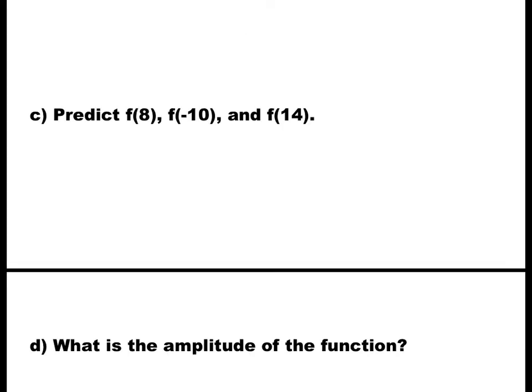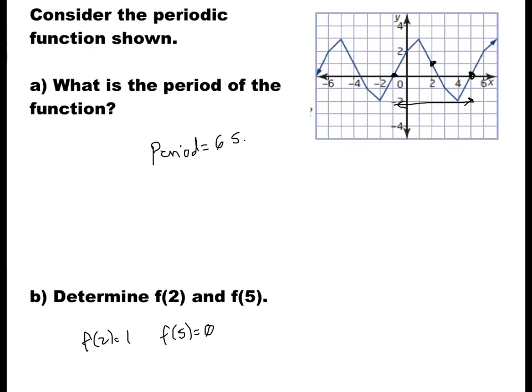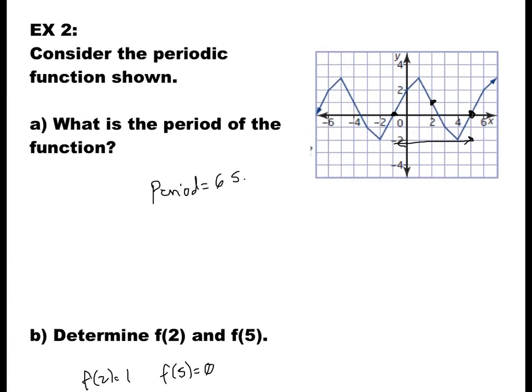The next example says predict f of 8, f of -10, and f of 14. If we look at the graph again, you can see that 8 is off the chart. F of -10 is also off the chart, somewhere around here, and f of 14 is going to be somewhere to the right, which is not possible to see.